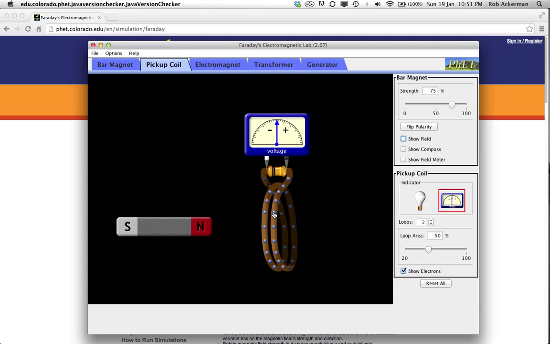Now, here's a button that is worth pointing out. You can either show electrons or not. I just have to warn you, if I click Show Electrons so that you can see whether a current is flowing, please remember, in grade 11 and on, we don't define current as the direction of electron flow.